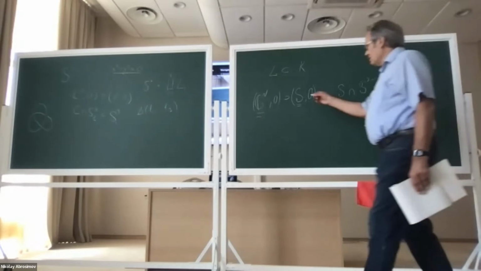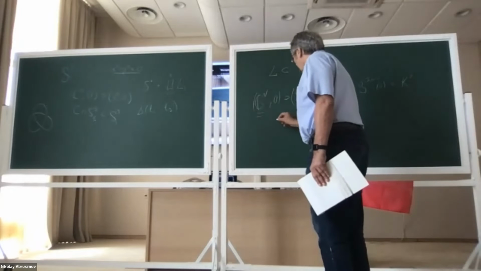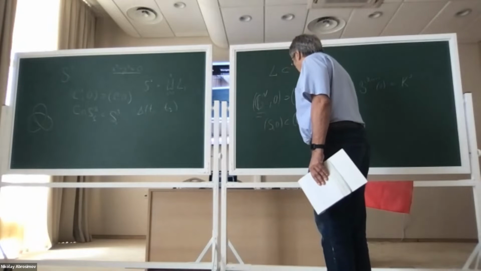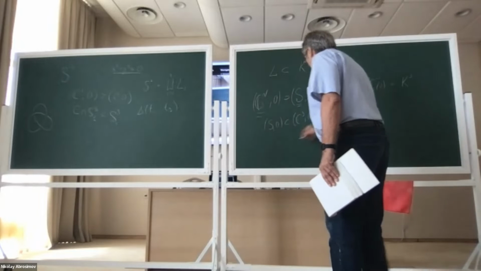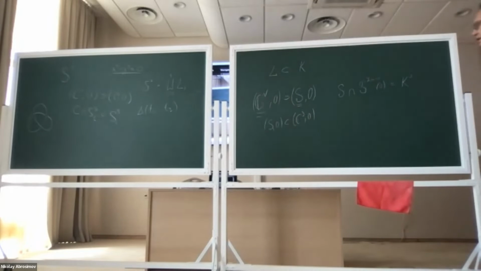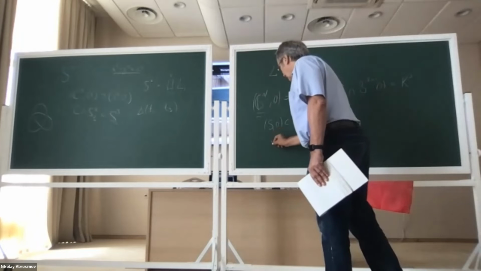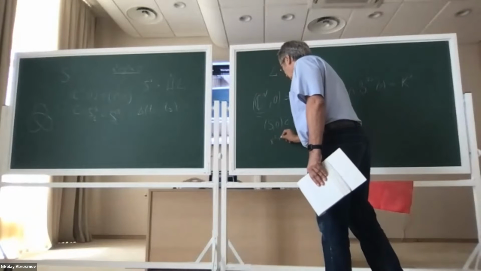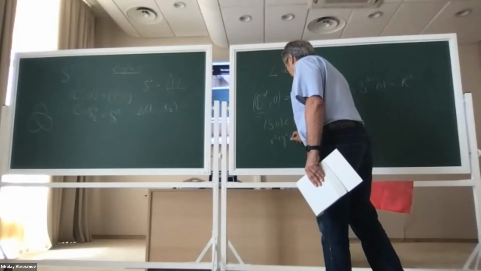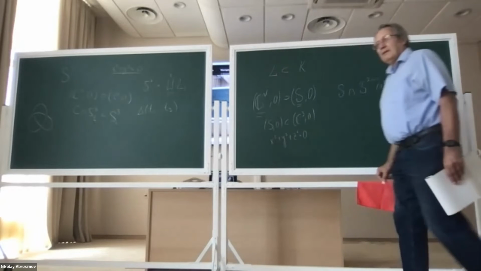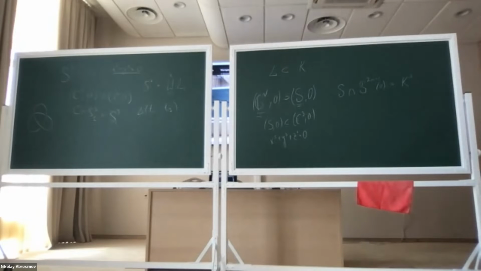So S0 is inside C3, a hypersurface singularity given by the equation x to the power 5 plus y cubed plus z squared equals 0.